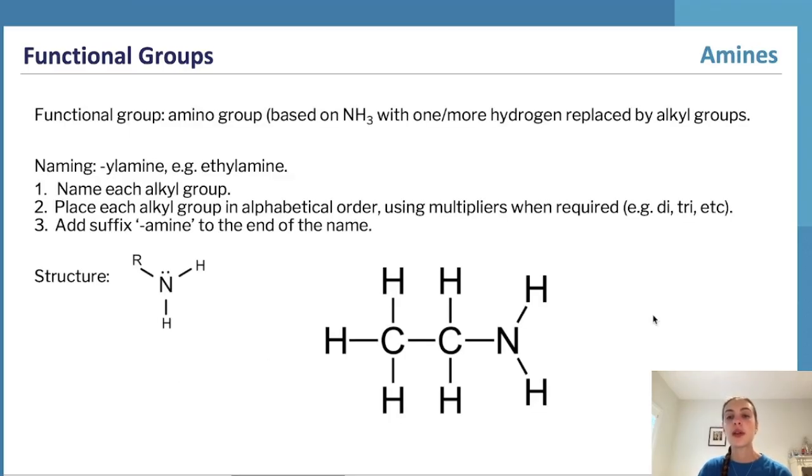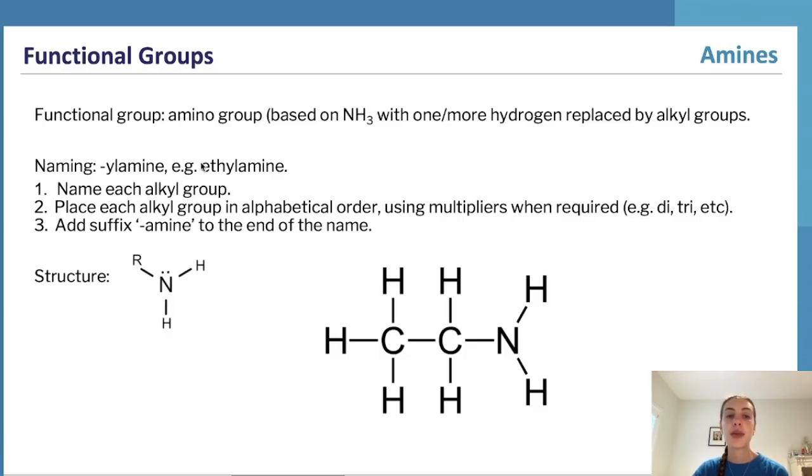The next one we want to look at is amines. So amines having the functional group called an amino group, which is based on NH3, but with 1 or more hydrogens replaced by alkyl groups. So the naming for these is alkyl amine, so the alkyl group with amine on the end.